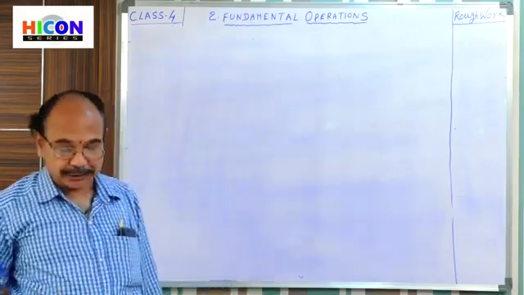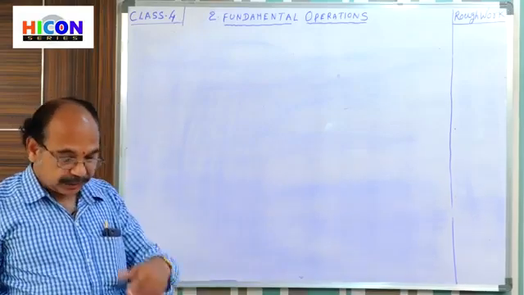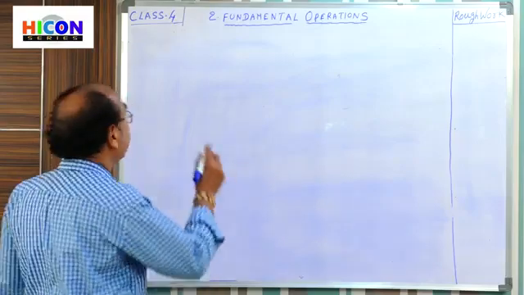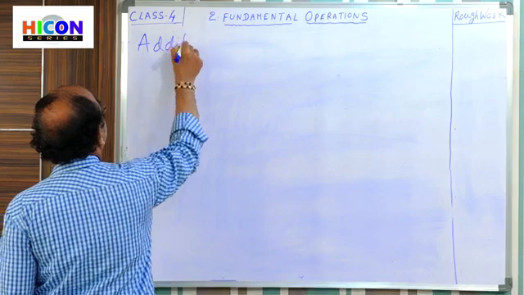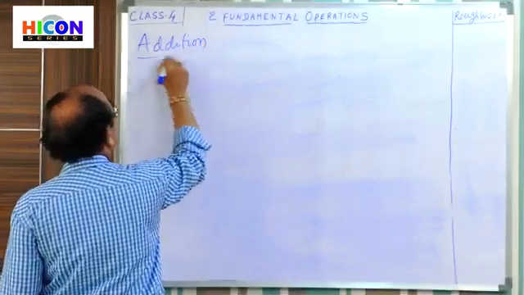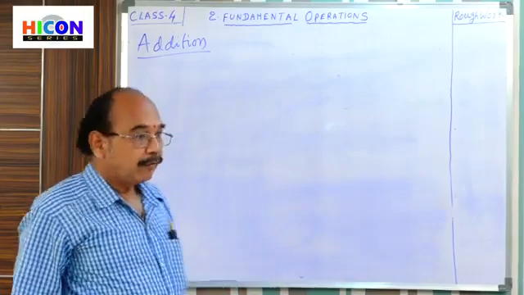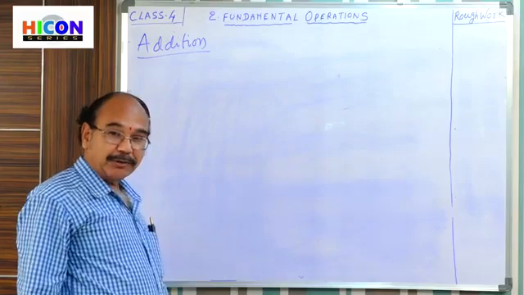We introduced first addition. In the 4 fundamental operations, the first one is addition. What is meant by addition? First of all, number 1, addition. Okay, children. What is meant by addition? In the addition, what we have to do?